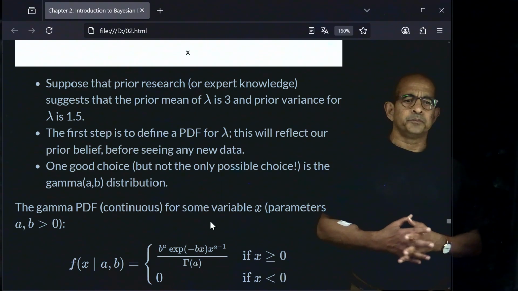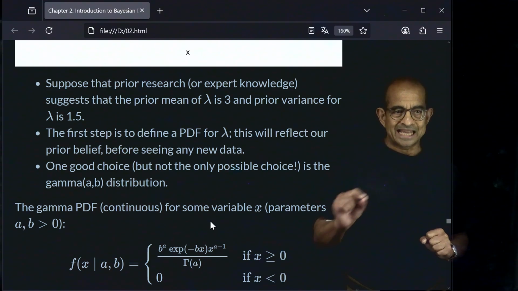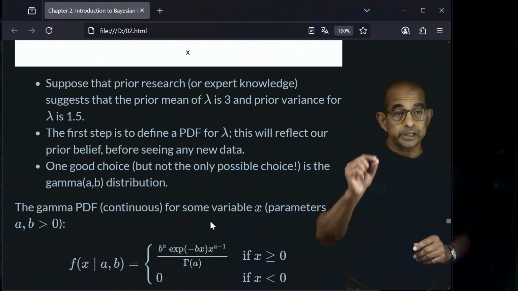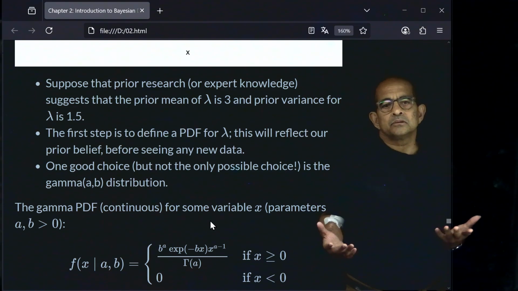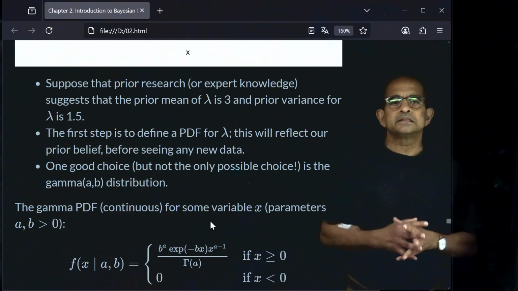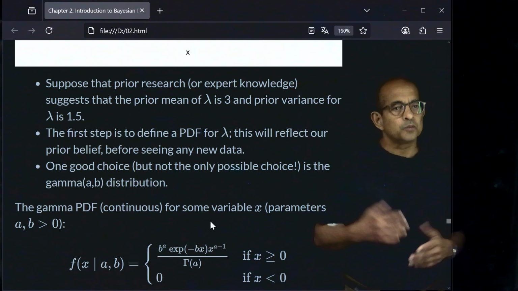Now, because we have a Poisson distribution with a lambda parameter in it, the rate parameter, we are going to have to define a prior on the lambda parameter. Just as an example, let's assume that we know something about this lambda parameter from previous work.